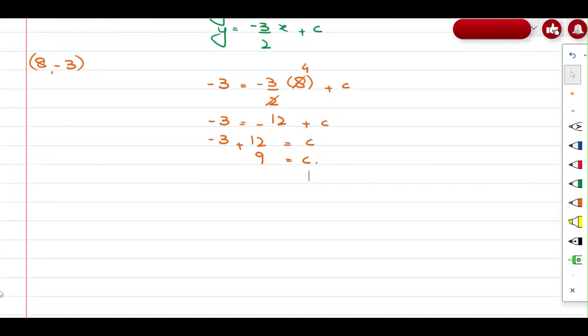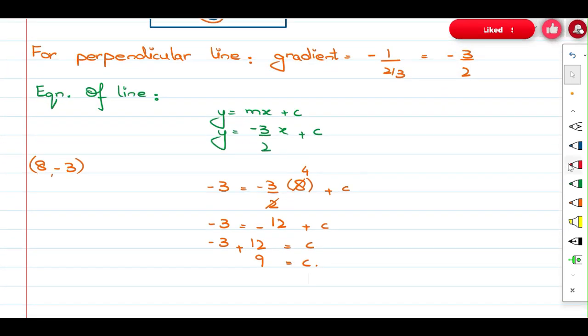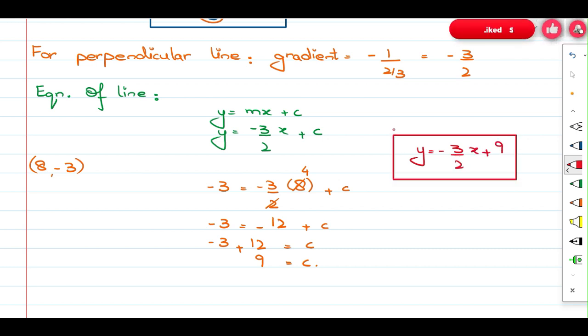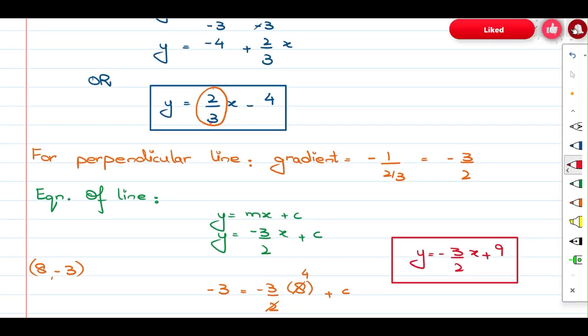So once we get c, the y-intercept, the equation of the line perpendicular to the given line is y equals minus 3 by 2 x plus 9. You can see their gradients are negative reciprocals of each other, but their y-intercepts must be different, right?